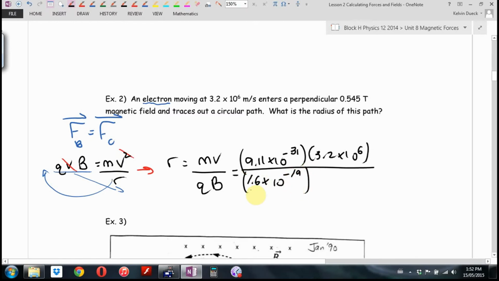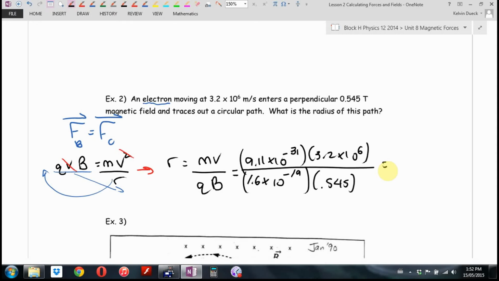B, magnetic field, measured in 0.545. Now, here's the problem with this question. I made up these numbers, and they're terrible numbers. You're going to get a really, really small radius, which is stupid. And in fact, last class, I made a little note on my computer.